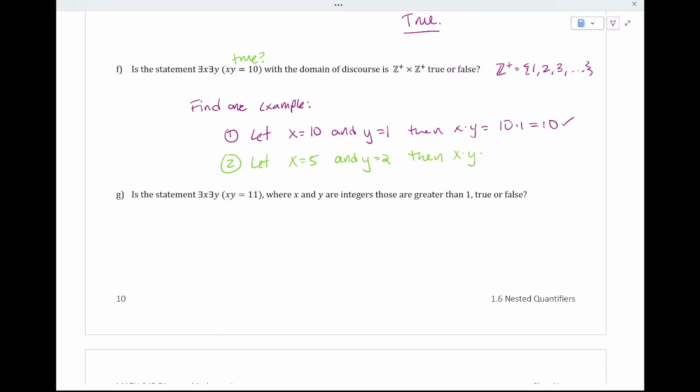Then x times y is 5 times 2, which is 10. Actually, there are 2 more examples, and those are the opposite of these. So x can be 1, y can be 10, x can be 2, y can be 5. So there are 4 different examples that you could give here. You only need to show one, but I like to show that sometimes there are multiple examples available. So this one is true.